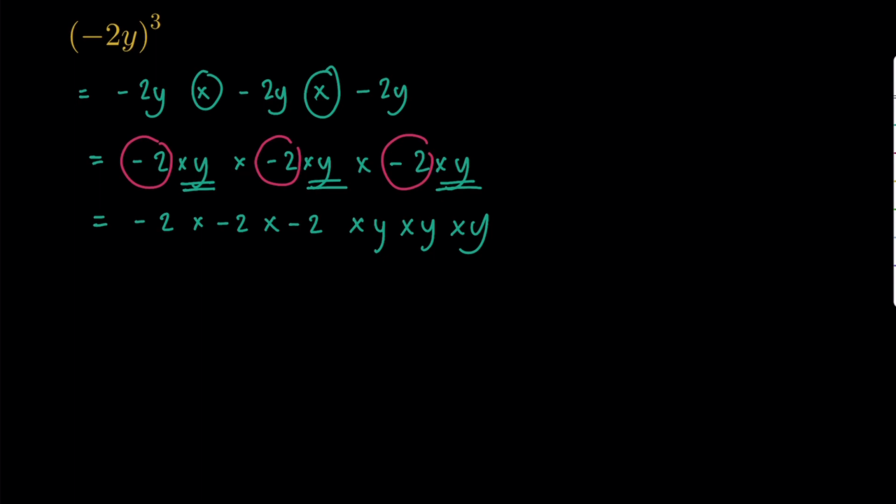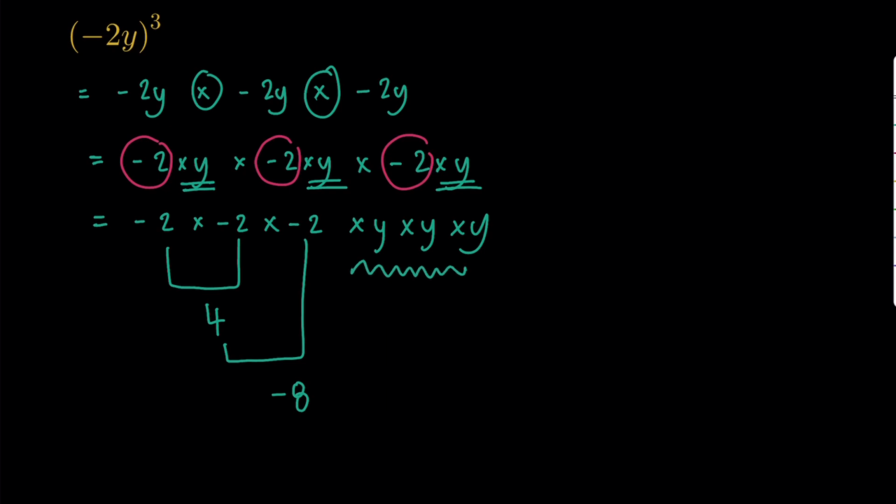To multiply negative 2 times negative 2 times negative 2, we can begin by multiplying two numbers first and then multiply the third one. So negative 2 times negative 2 is 4, and 4 times negative 2 is negative 8.